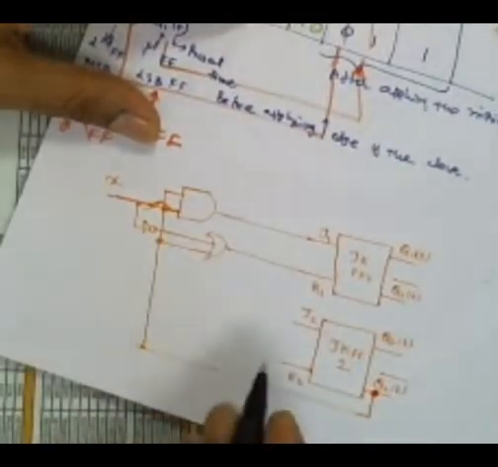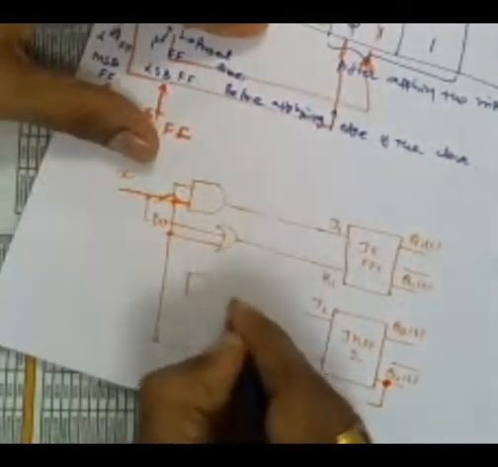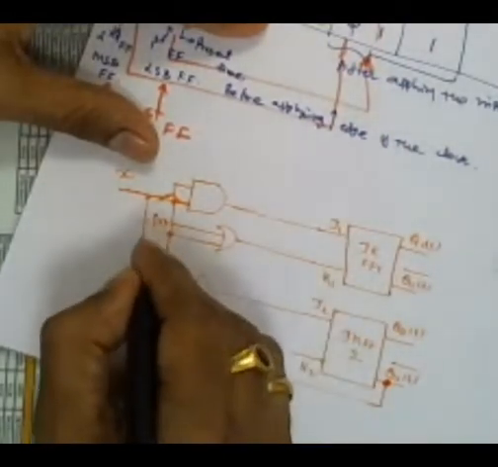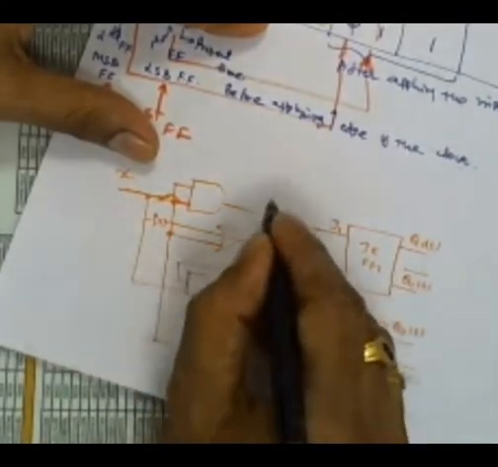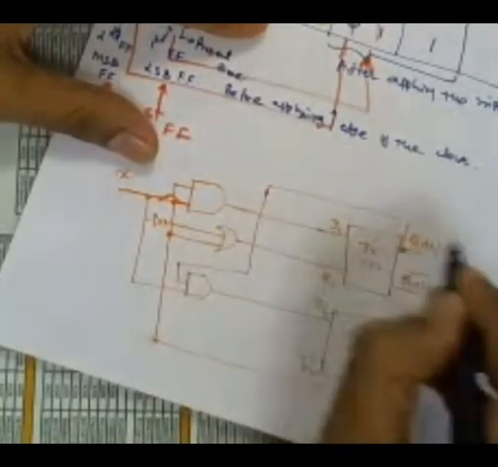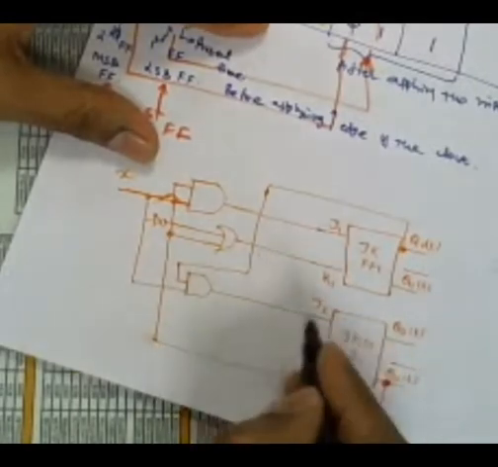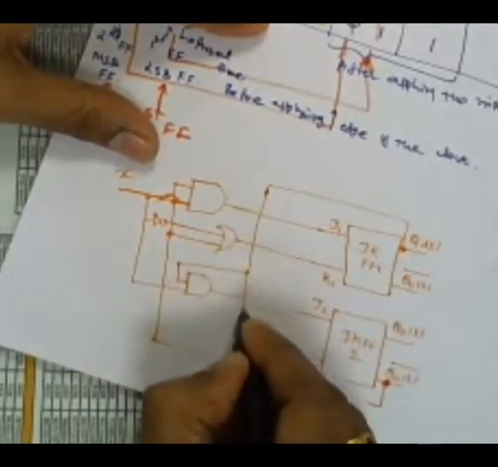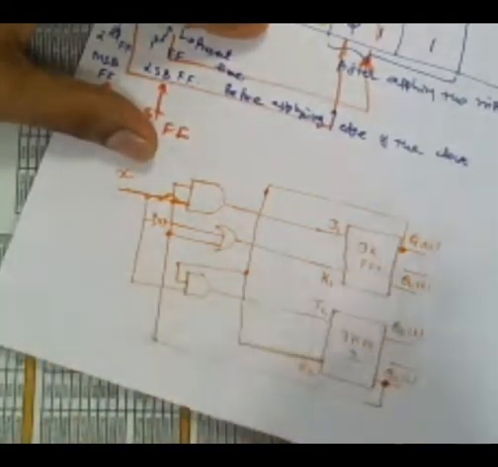Then J2 is Q1 X, an AND gate. X is coming from here, Q1 is coming from here. K2 is only Q1, and then this combinational circuit is over.